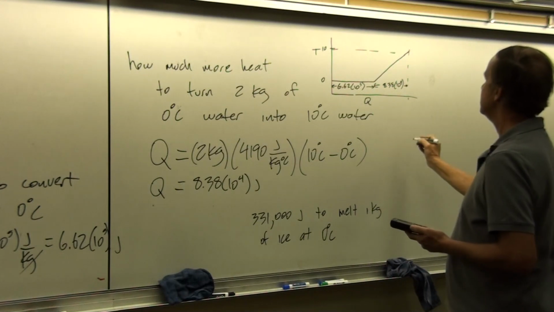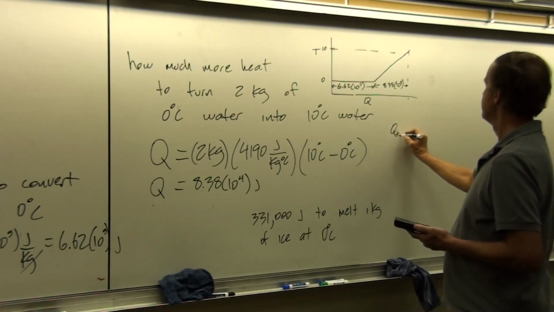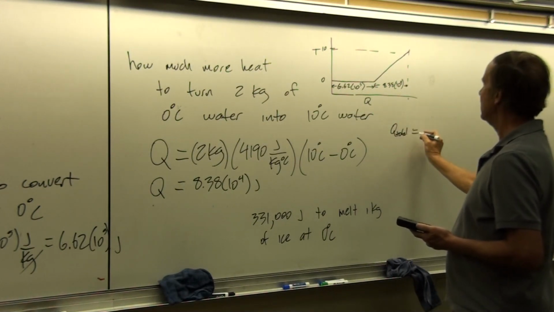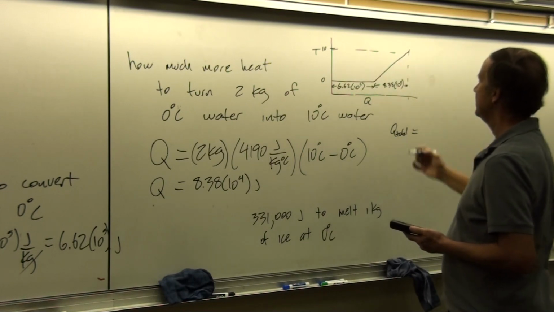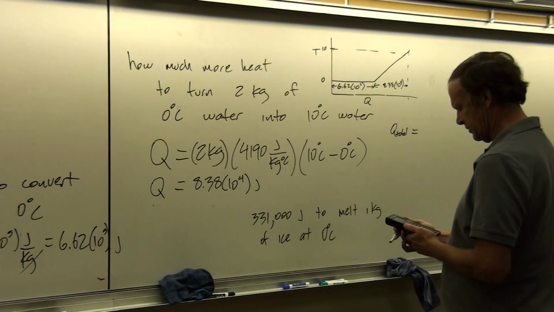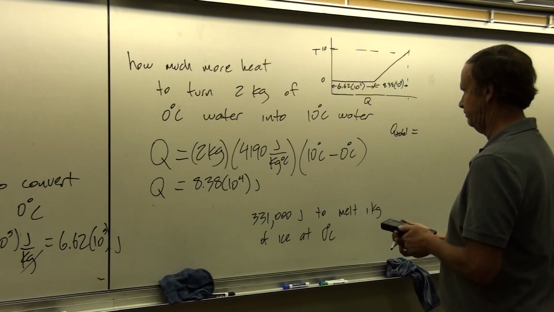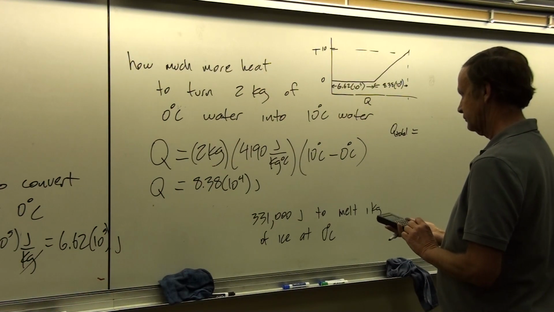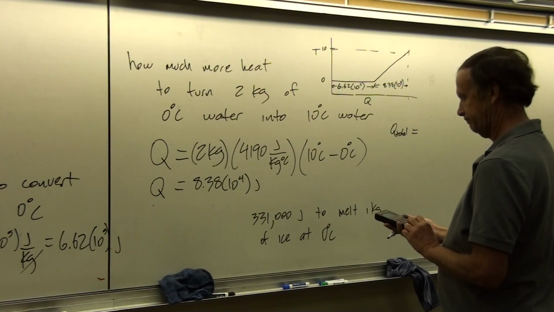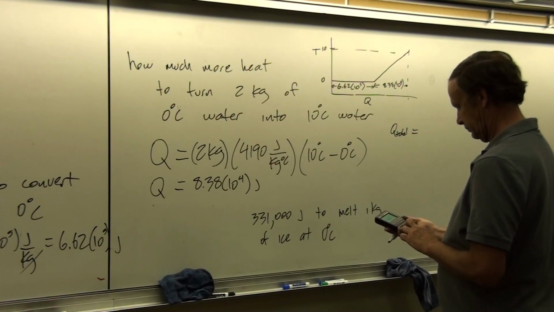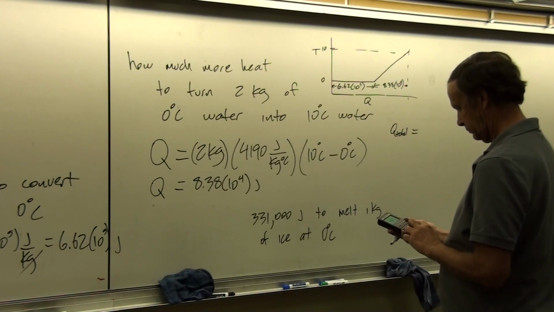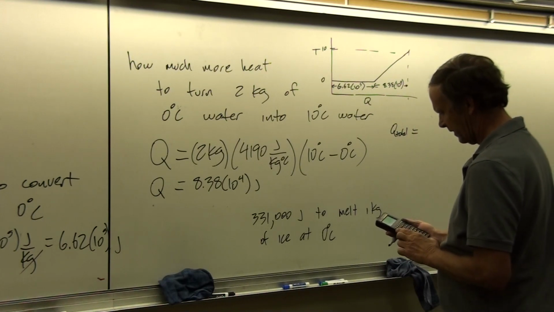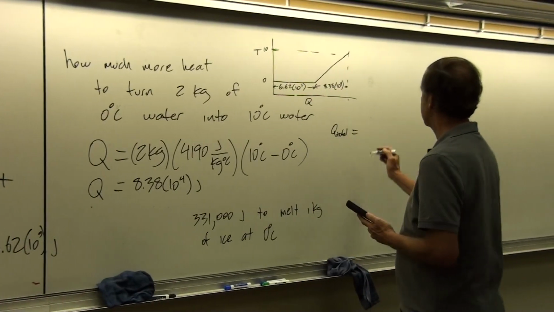And so Q total, to melt the ice and then bring it to 10 degrees centigrade, is going to be the sum of those two, which is 7.45 times 10 to the 5.